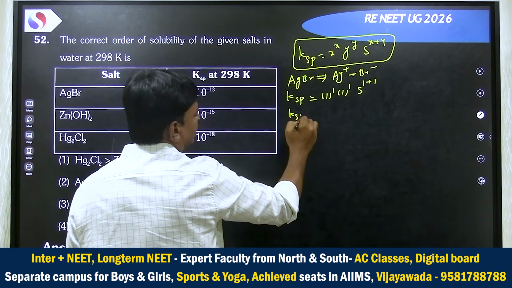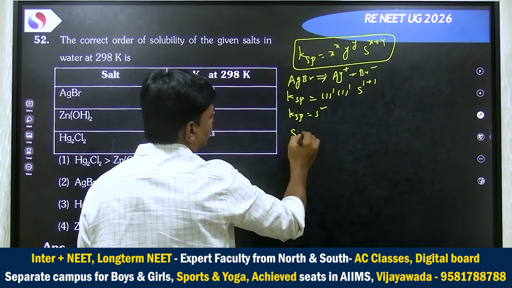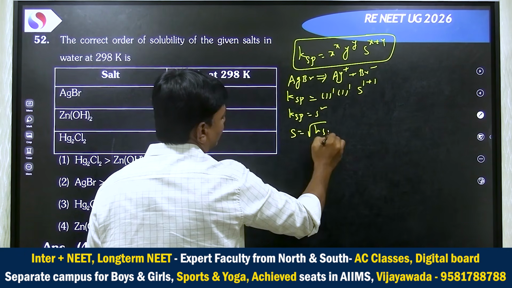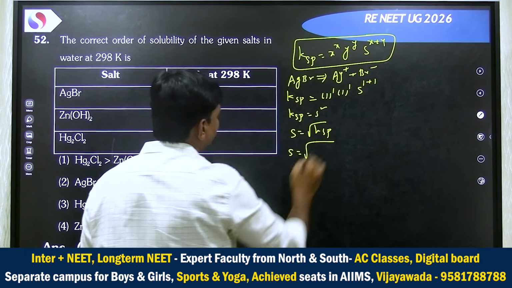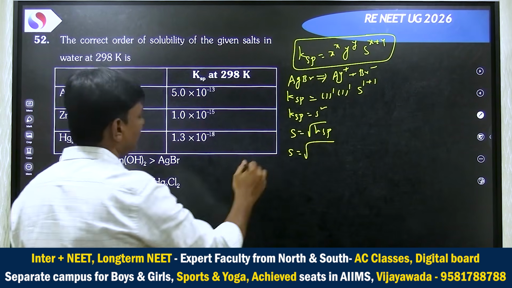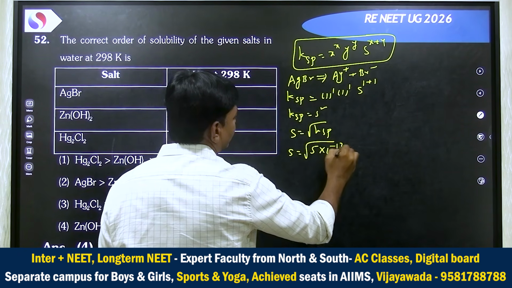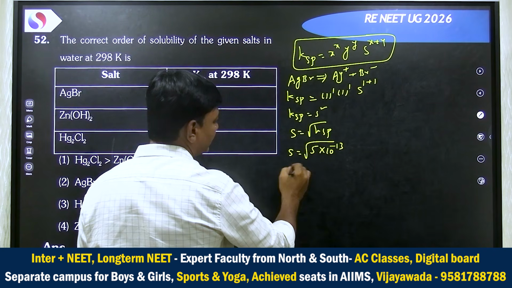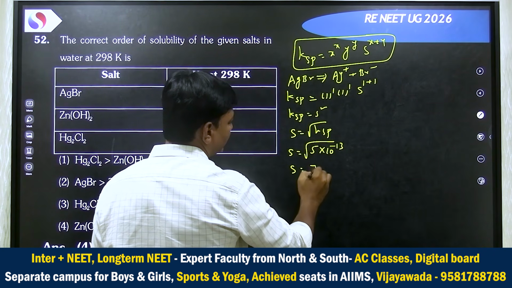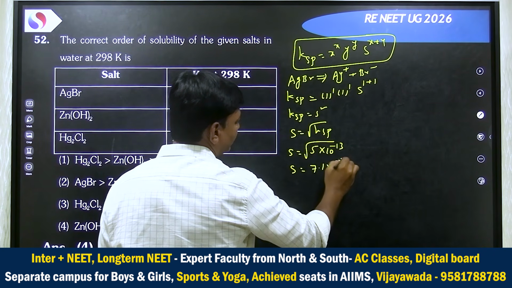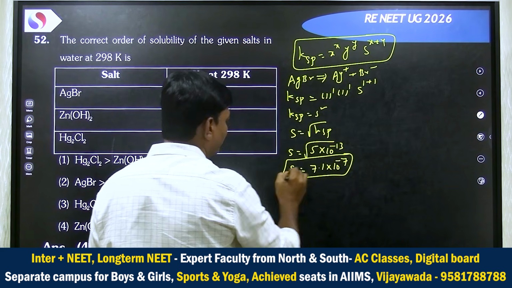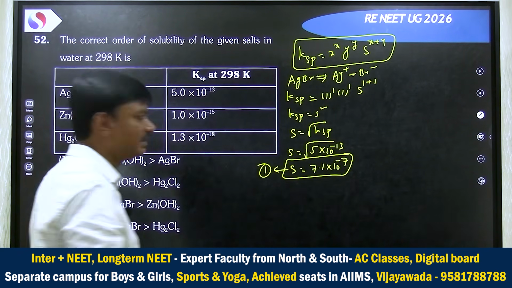So Ksp is equal to s square, then s equals root of Ksp. Then s equals root of the Ksp value of AgBr, 5 into 10 to the power of minus 13. Then we get s equal to almost 7.1 into 10 to the power of minus 7. It is the solubility value for AgBr.